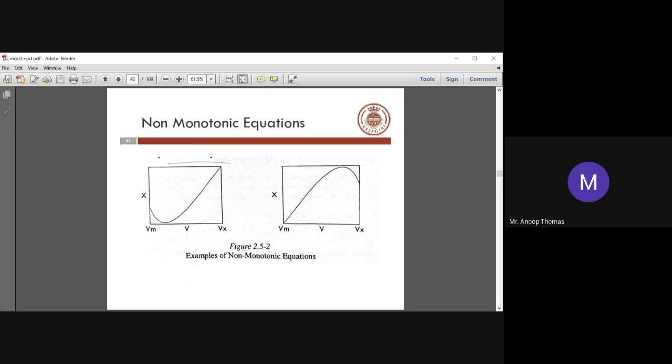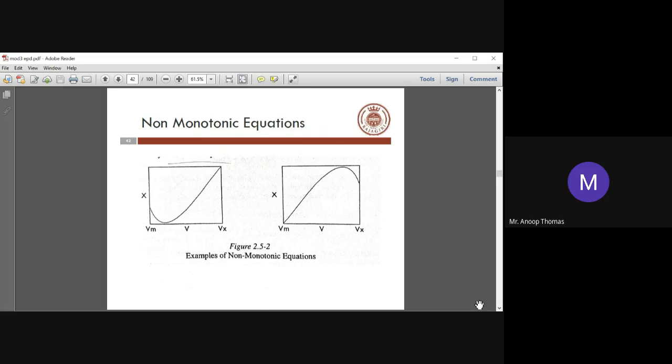Vm is the minimum value of V, Vh is the maximum value of V, but x has a completely different point of minimum. Maximum is okay, but the minimum is at a very different point. So this is a non-monotonic solution, which requires further analysis and some mathematical tools.